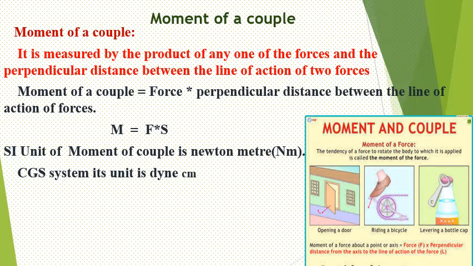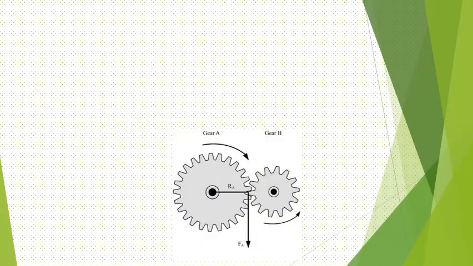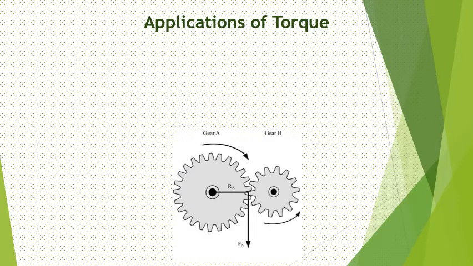So the next topic is application of torque. Let me see a few examples with explanation. Torque is nothing but a rotating or turning effect of a force at a fixed point. First example is gear.